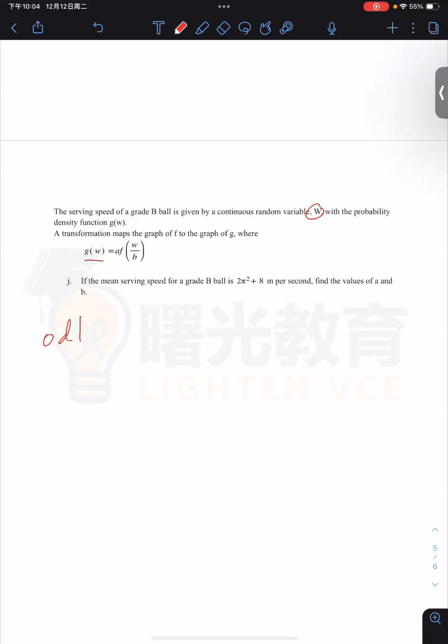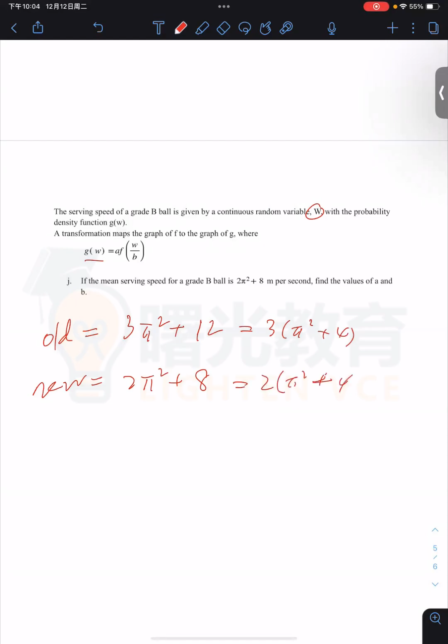So now, the old mean, we just worked out, is 3 pi squared plus 12. The new mean is 2 pi squared plus 8. Though it looks like there's no connection, after you factorize, 3 times (pi squared plus 4) and 2 times (pi squared plus 4), you can see the mean becomes 2/3 from before to now.